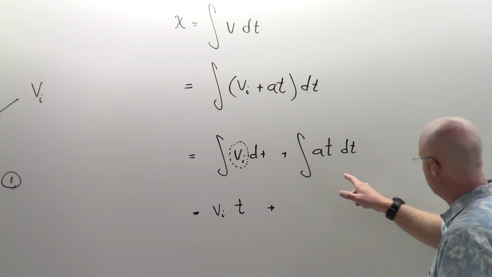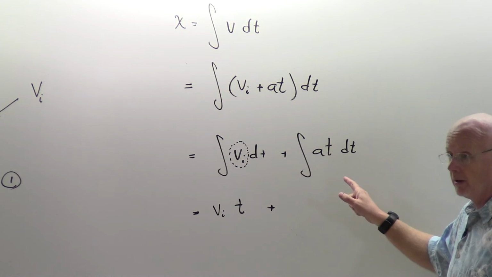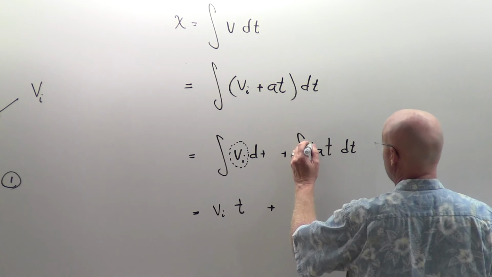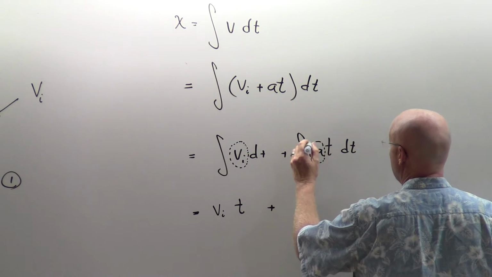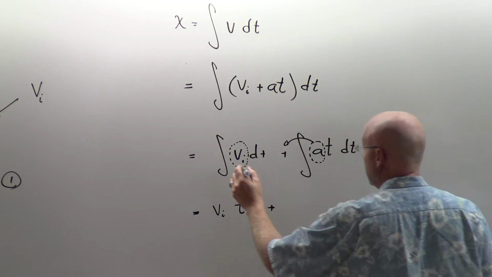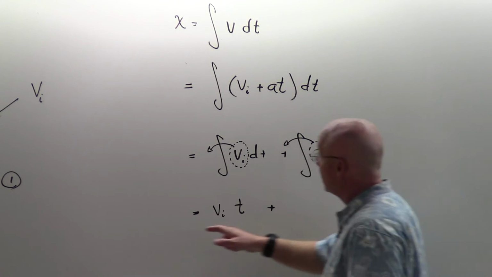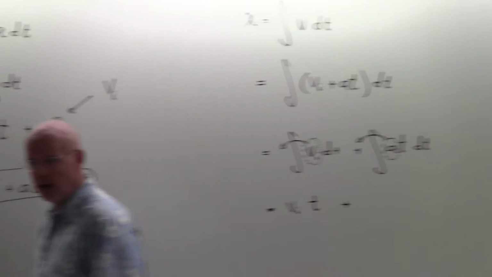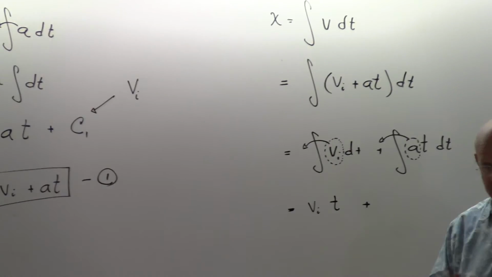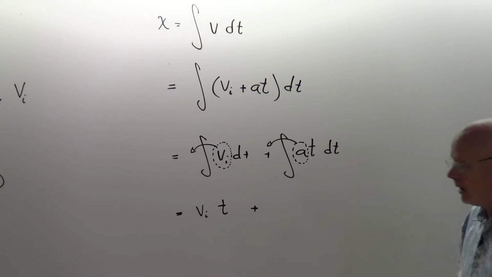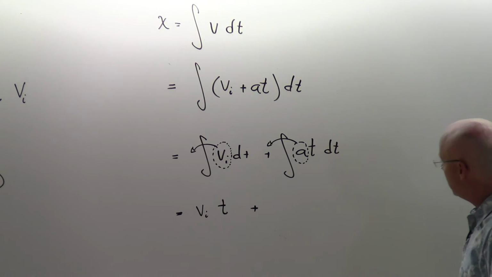All right, let's do the second one here. What would I do here? Well, I guess like I did in that first term and like I did back here, a is a constant, at least for this special occasion. All right, so a is pulled out in front.